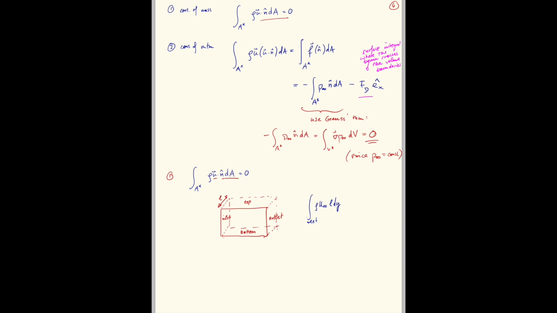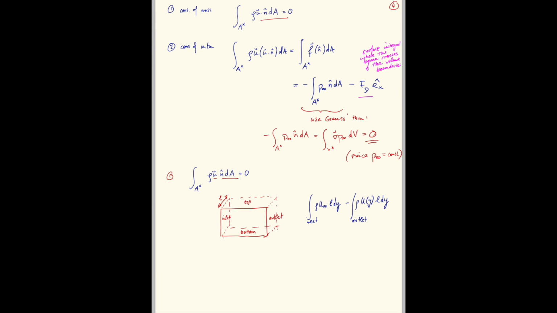The length L is constant and u is constant into the page, so it's just L times the integral over dy. And then we have a minus sign for the outlet because the normal points in the opposite direction. It's rho, now it's u of y, because our flow field has changed, and it's again L dy.